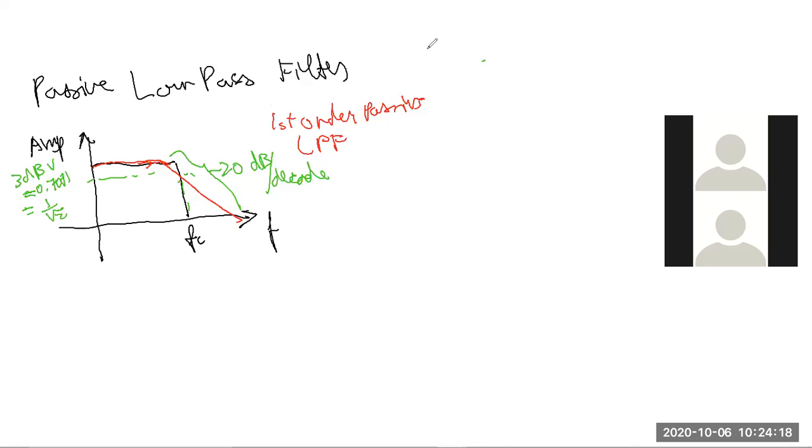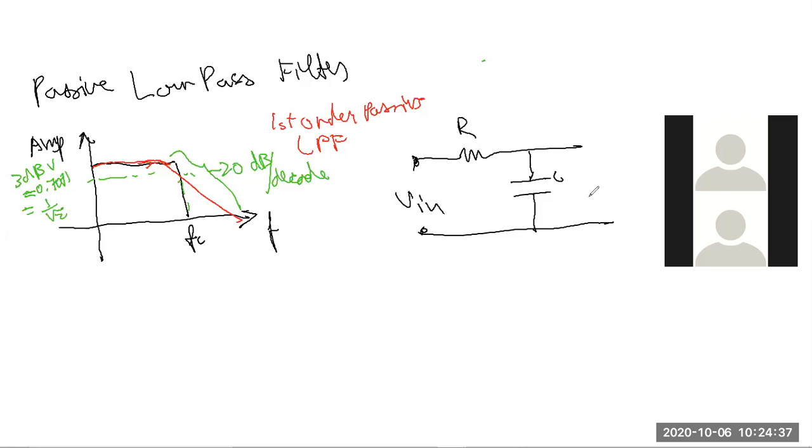So this is a first order passive filter, and the circuit used to implement this is just a simple RC circuit where the input voltage is connected to the resistor and the output voltage is connected to the capacitor. So from here we know that Vout equals XC divided by R plus XC times Vin, right?